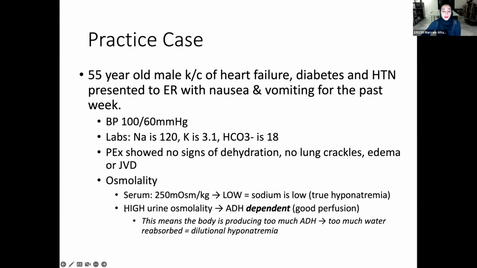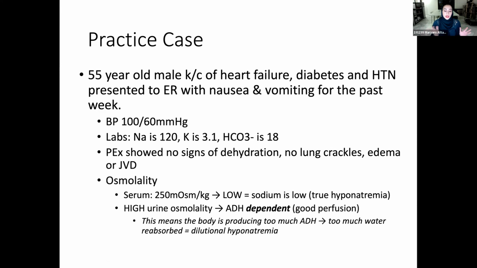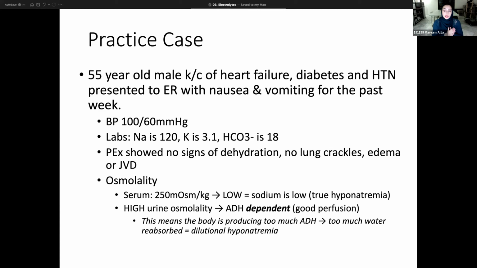And I told you he has a high urine osmolality. So remember, on the left side of the figure that I showed you guys, those are the ADH dependent causes. So what that means is the patient has a good perfusion, okay? So in this case, we know by physical exam, there's no signs of congestive heart failure, cirrhosis, no edema, these things.